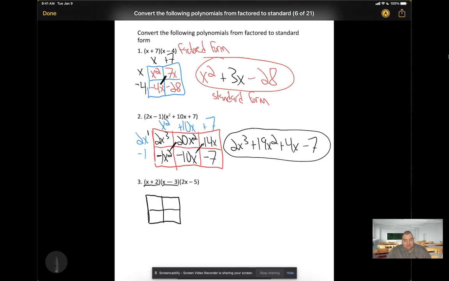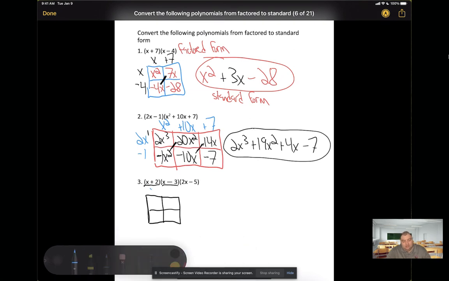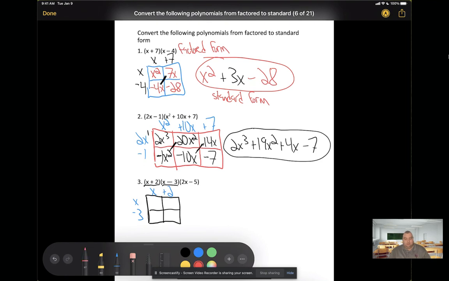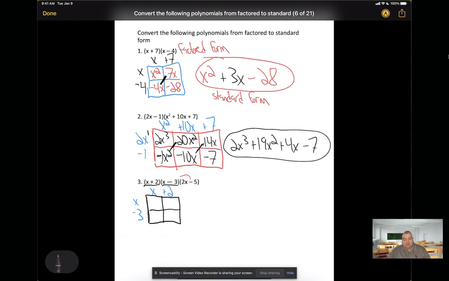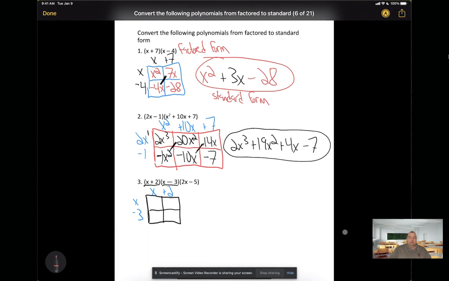So I'm going to create a 2 by 2 box. So I have x plus 2 and x minus 3. And I'm going to multiply those 2 out. And then once I get that answer, I'm going to take that answer and multiply it by the third one here. So let's go ahead and multiply that first 2.